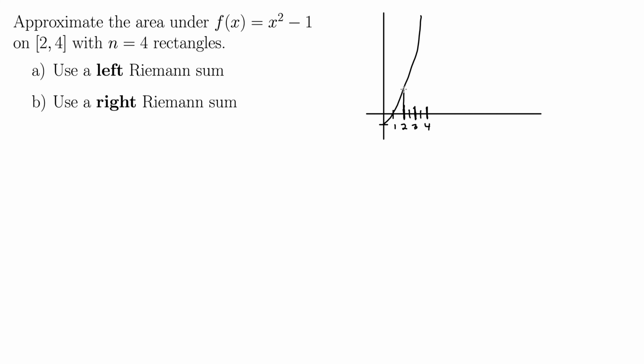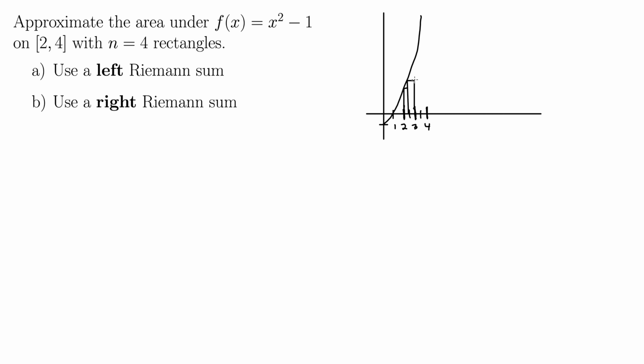So here at 2, we're going to go up to the curve, and then over and down. There we go, something like that. And then we'll do 2.5, use that to go up to the curve, and then over and down, to get this rectangle.